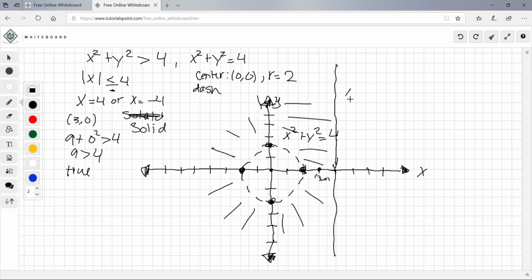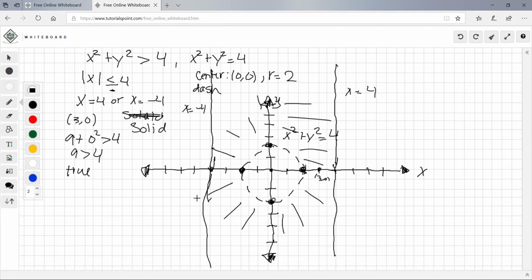So this is x equals 4, and then negative 4 is right here. 1, 2, 3, 4. Oh, sorry. This doesn't look nice.